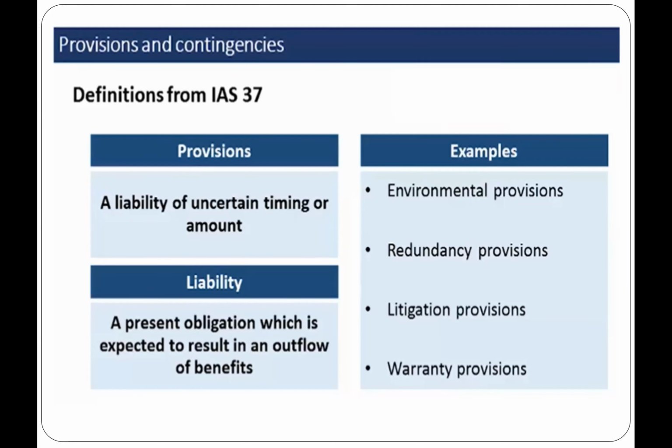So basically we are saying you entered into a transaction or a contract in the past that has resulted in you having an obligation to settle a certain amount of money or goods, depending on the terms of the liability, at some point in future.